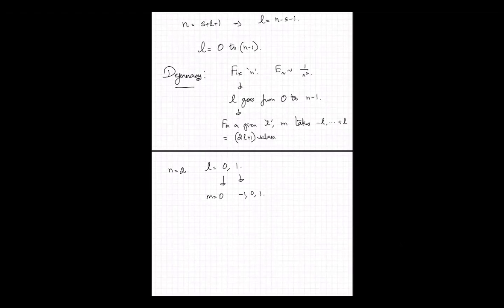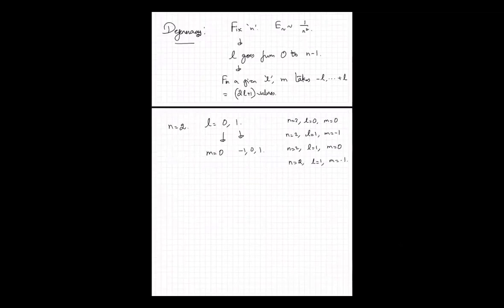So how many different states are possible? There is a state with n equal to 2, L equal to 0, m equal to 0. That is one possibility. n equals 2, L equals 1, m equals minus 1. n equals 2, L equals 1, m equals 0. And n equals 2, L equals 1, m equals 1.